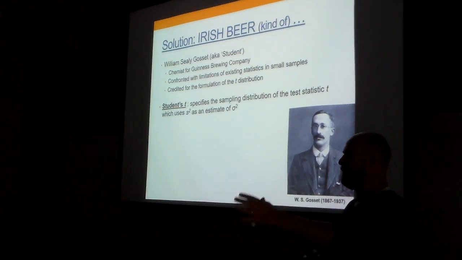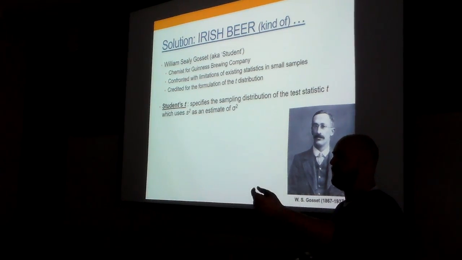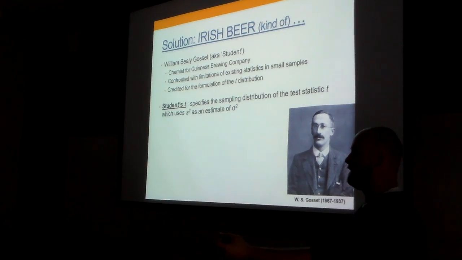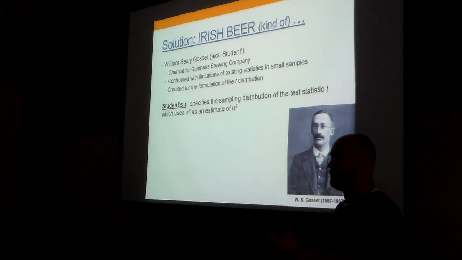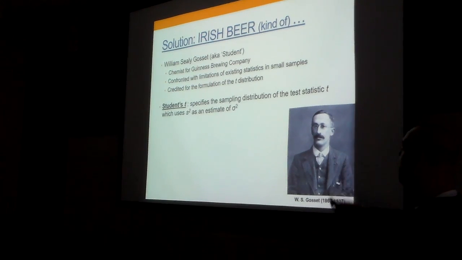Any individual sample that I'm going to get probably gives me an underestimate of my actual population variance. If I use that for my standard error, I'm going to get test statistics that are too large, and I'm going to claim things are different more often than I should if I'm just using my Z procedure. One of the people to crack this was a gentleman named William Sealy Gosset, aka Student.